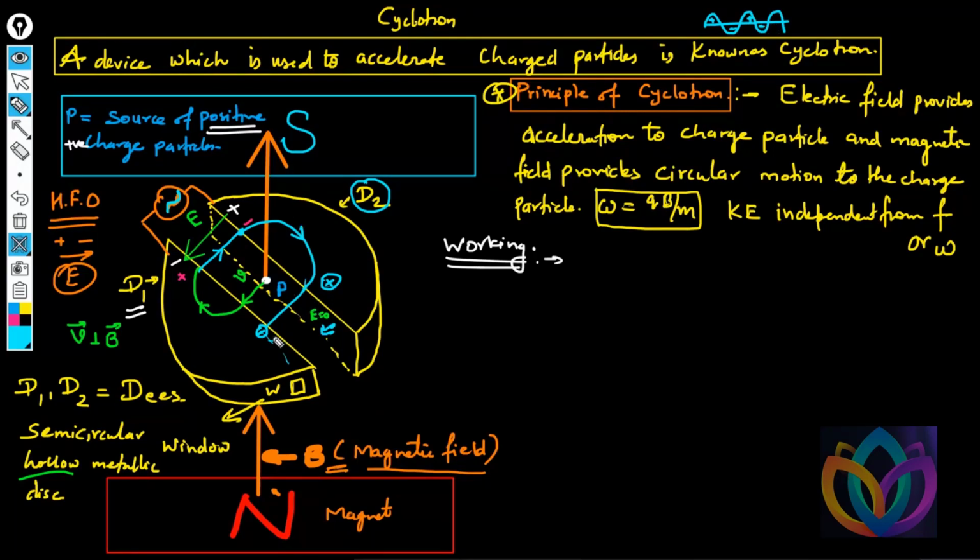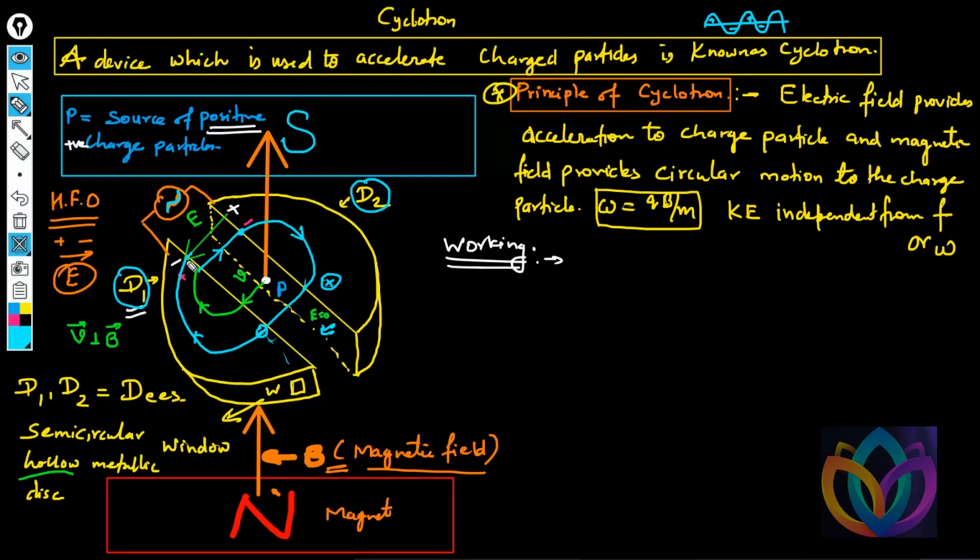So again, when the positive charged particle enters the disk D1, the electric field is absent and velocity is perpendicular to the magnetic field. Again, it will follow a circular path. And after half rotation, it will enter the gap between the disks.